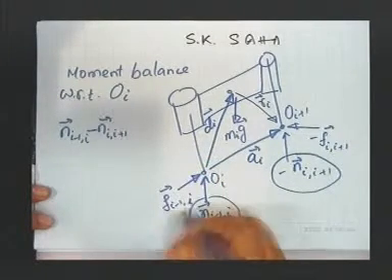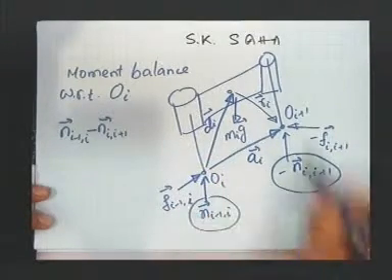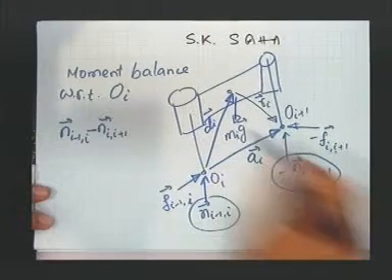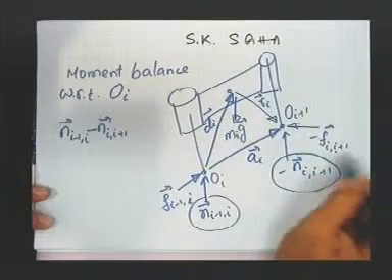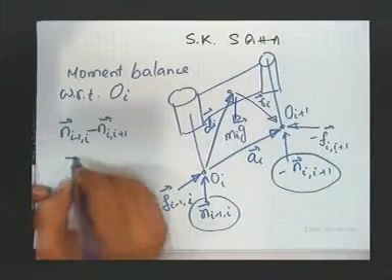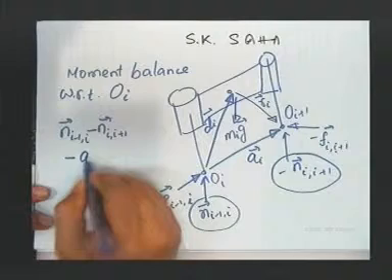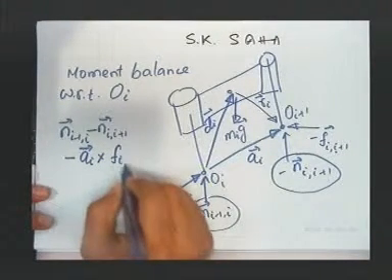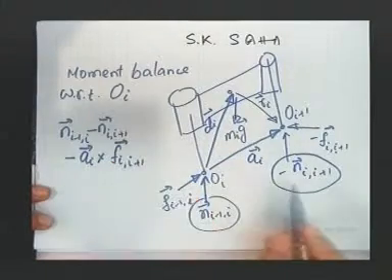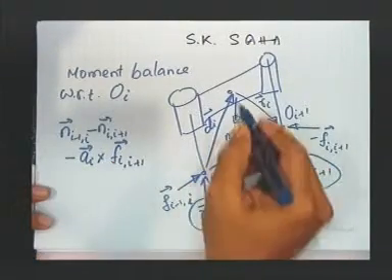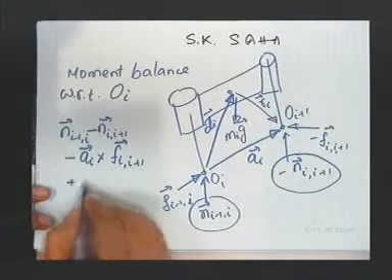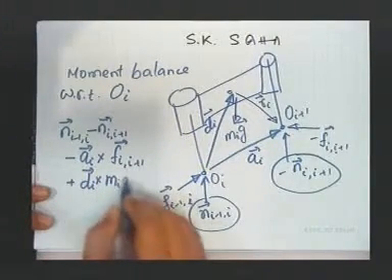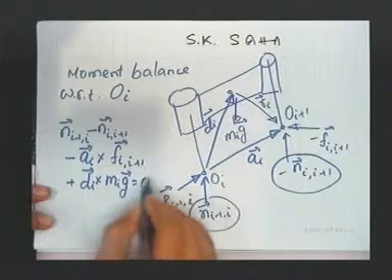So, nothing due to this component. However, this and this will cause a moment. So, first I will consider this one. So, this is at A_i cross f_i comma i plus 1, and then here I have plus d_i cross m_i g equal to 0.